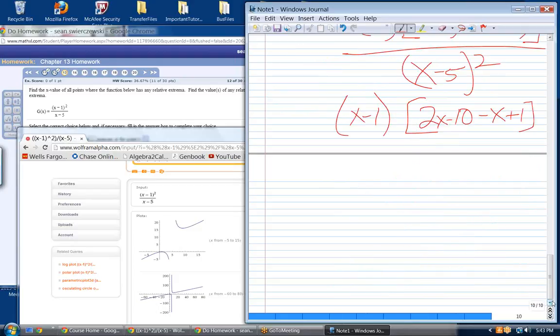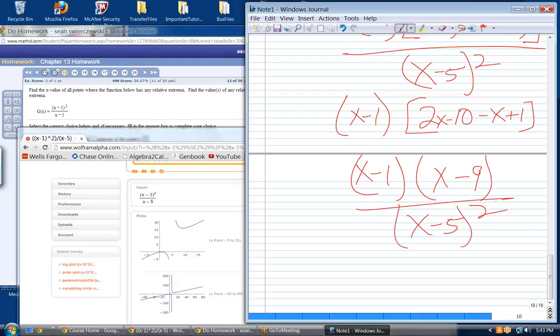And the right becomes 2x minus x is x, minus 10 plus 1 is minus 9, and in the bottom we've got x minus 5 squared. And that's equal to g prime of x. There's our derivative curve. So where are our critical points going to be?